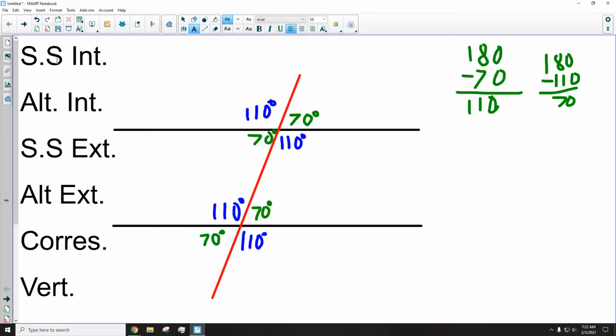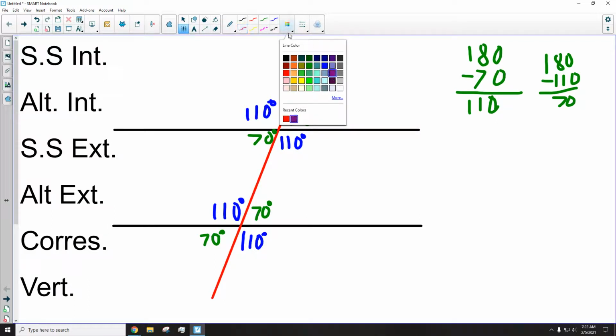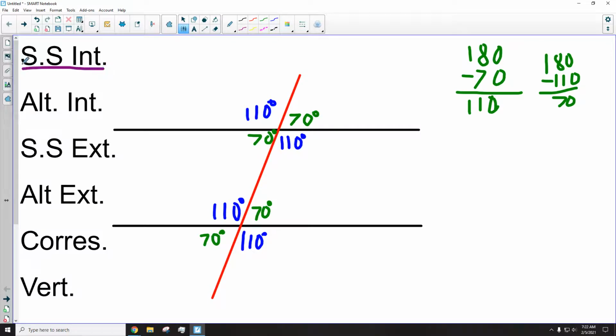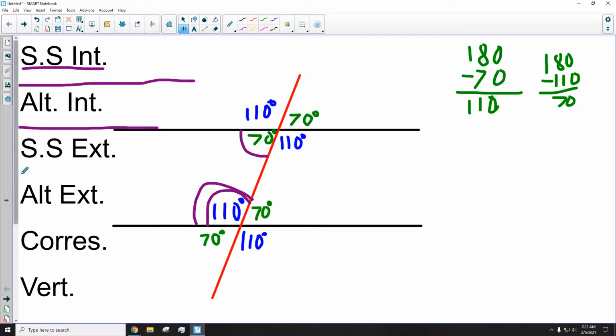Let's look at the first one here, same side interior. Now for the same side interior, I'll use this off purple. So same side means that both of them are going to be either on the left or on the right. And interior means on the inside. So I could pick this angle and this angle. Not a very good angle mark, but it's fine. So in class yesterday, we talked about some of these being congruent and some being supplementary.